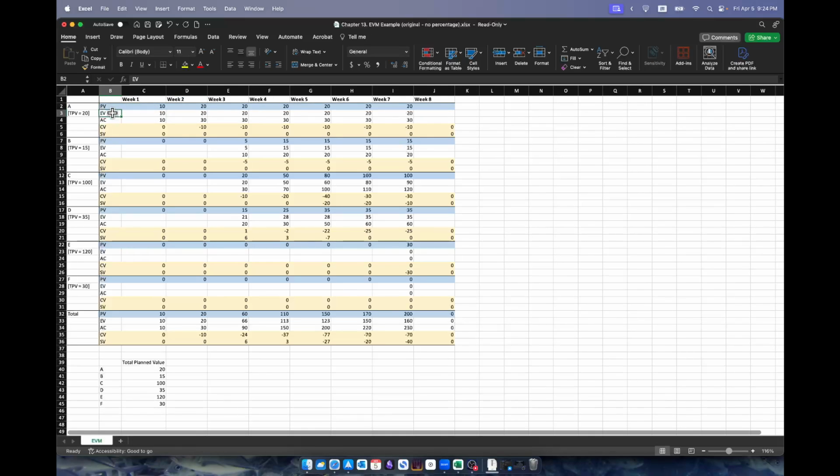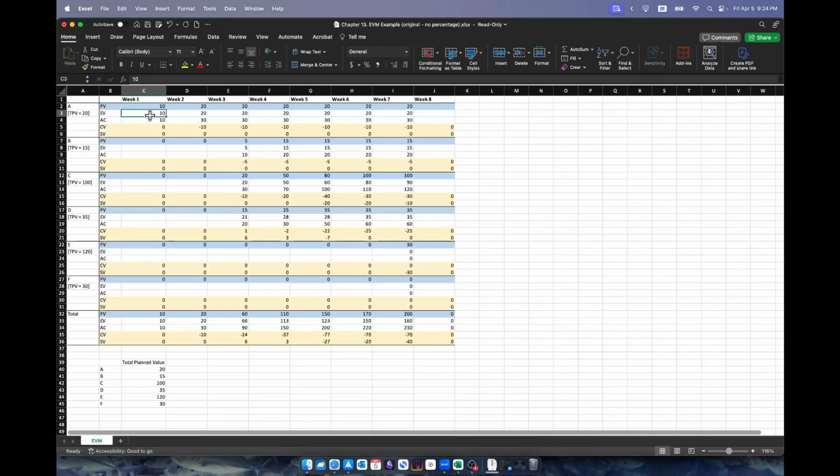Okay, so earned value is the value you have earned. How to determine that? That also will be determined by the percentage. So earned value is 10 out of 20. That basically means that by the end of week one, you have completed 50% of subtask A. Therefore, the value you have earned is $10.